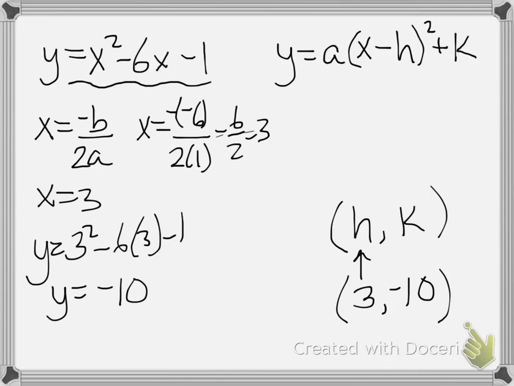Okay, so now I'm going to plug it in right here and right here. So y equals, the a is 1 because there's no other leading coefficient out there, so I don't need that. I have x minus h, and h ends up being +3, so I can just go x - 3 squared, plus k. K is -10, and I'm adding a negative.